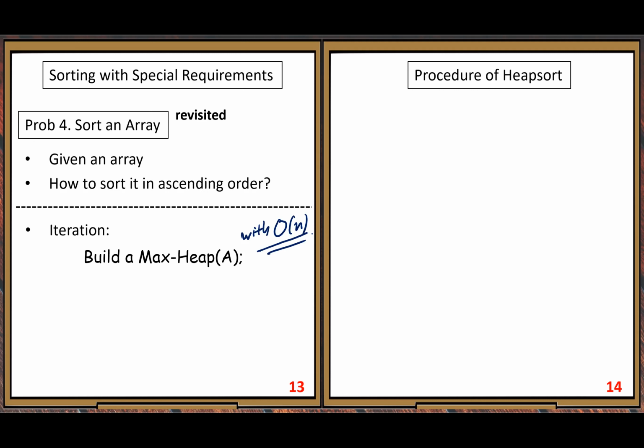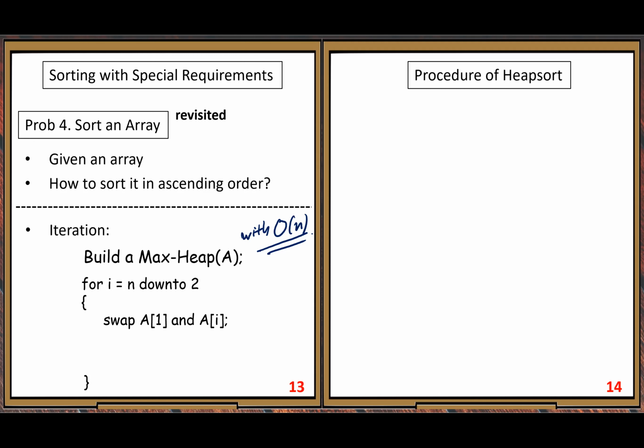After that, we do iterations, I from n down to 2, not 1, because when we reach I equals 1, we do not need to do anything. It's already in place.